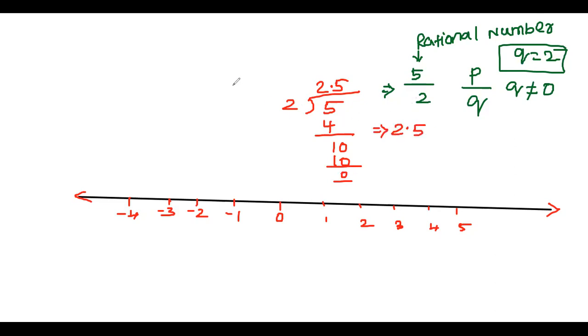So 2.5 lies somewhere between 2 and 3. It's greater than 2 and lesser than 3. So over here you will mark it as 2.5, which means 5 by 2. So the rational number 5 by 2 will come here. Understood?